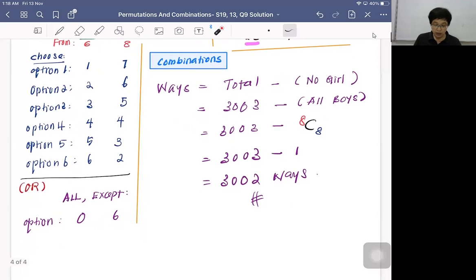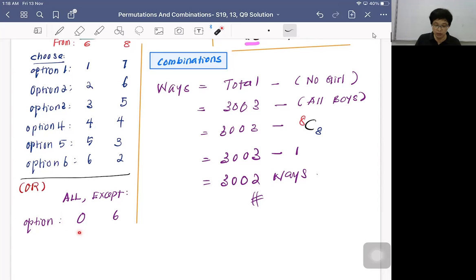That scenario is if you take all the choices that you have, except 1. If you take all the conditions, except what?